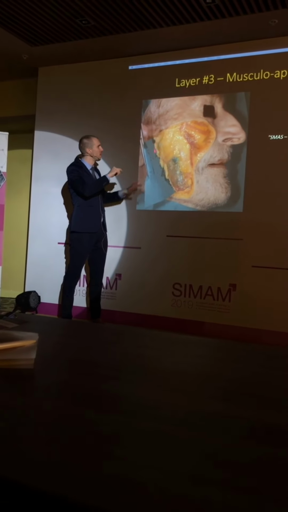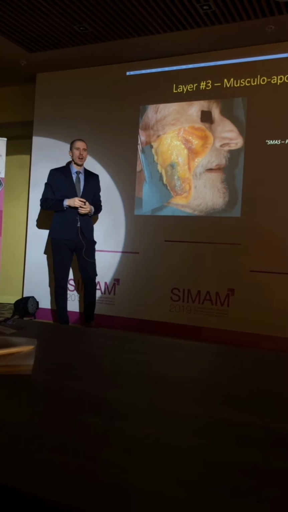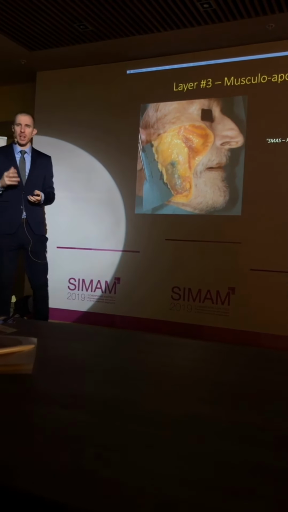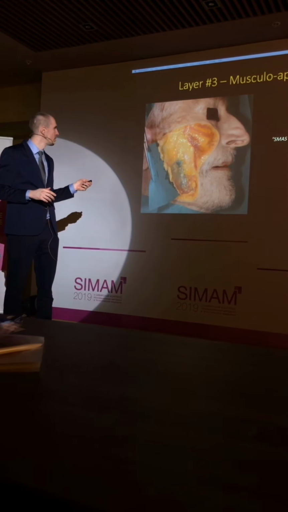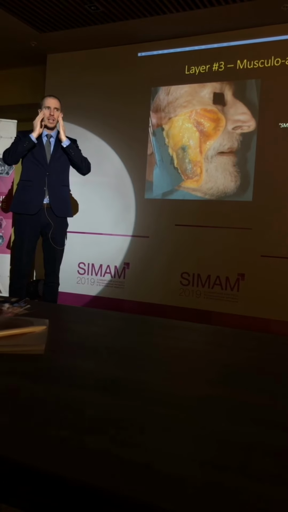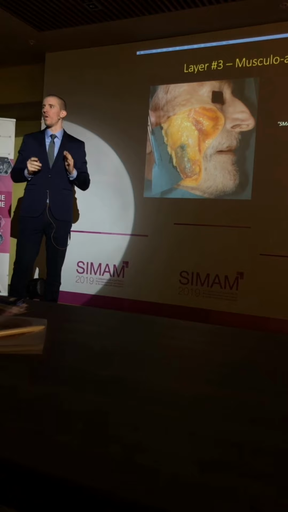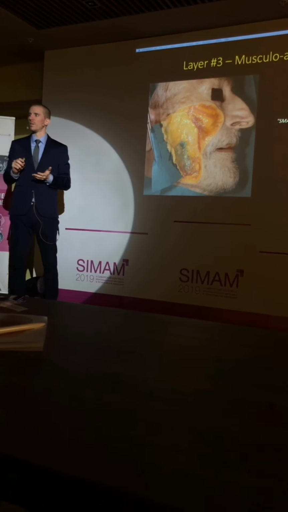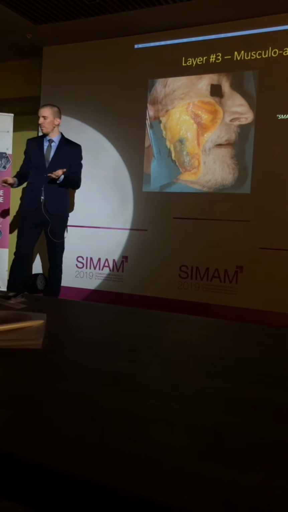Here we see the classic SMAS layer. This was described by plastic surgeons, because they realized that the layer number 3 is gliding relative to the deep fascia, and they did facelifts.